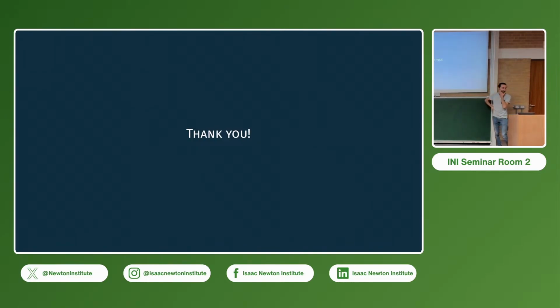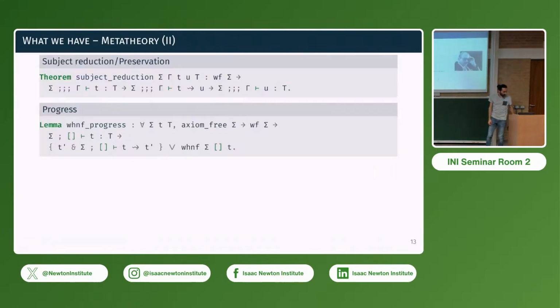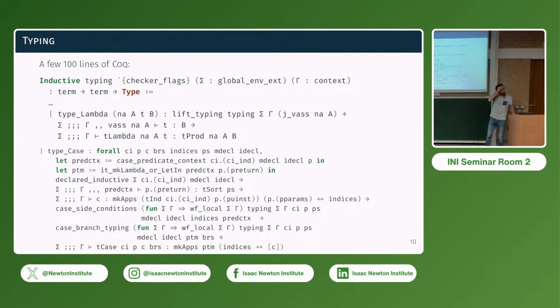Yes? You mentioned subtyping and co-induction in the first slide. We are using a lot of the Taco library for co-induction, because this is really the part when mechanizing session types.